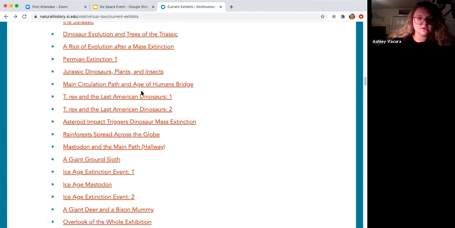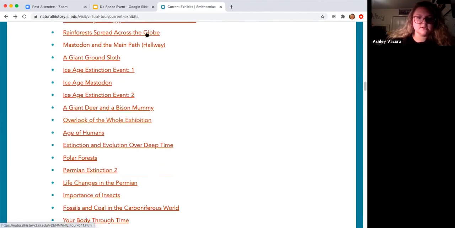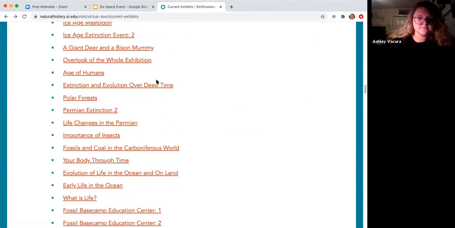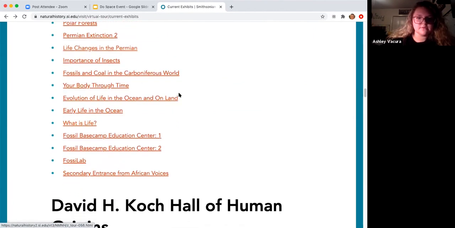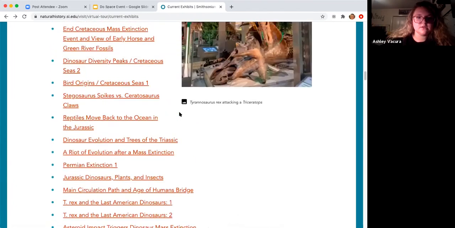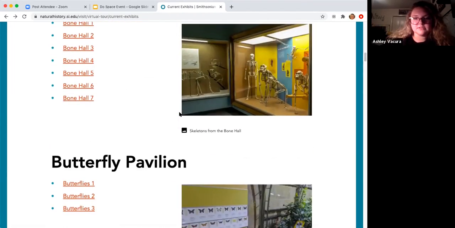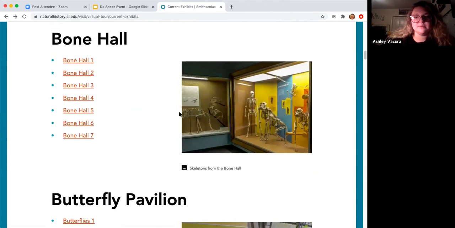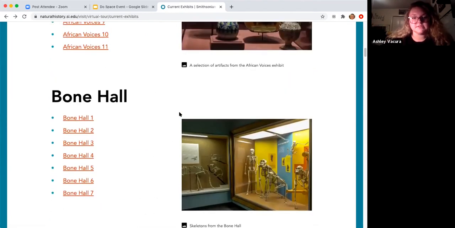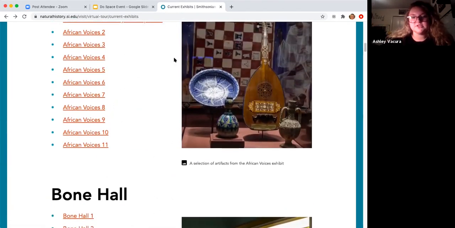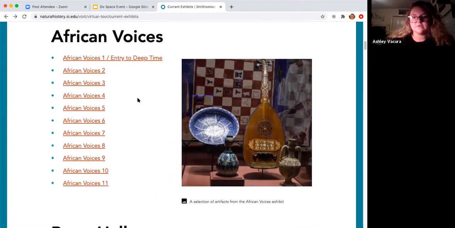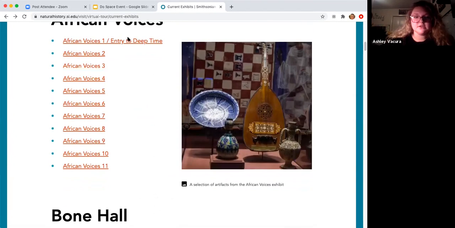So there's dinosaurs, there's animals from the Ice Age, evolution of life. There is a ton of things to look at. You could probably spend hours on this site and probably hours in the actual museum itself. And also, as I mentioned, not all museums have just animals in them. A lot of them have artifacts and pottery. So these are African, it looks like an instrument, and they make pottery. So if you're interested in that, you can look at that.